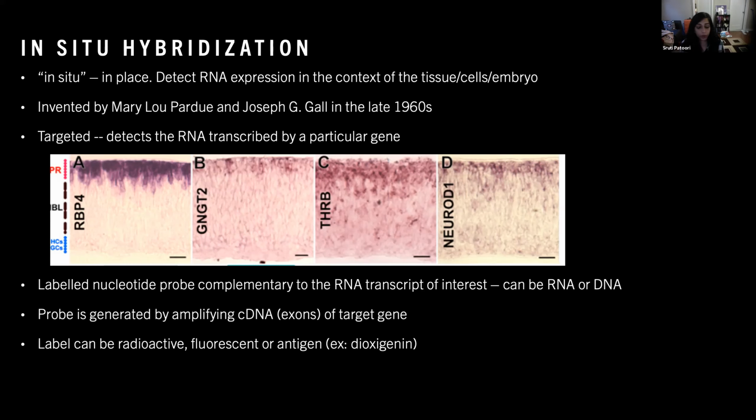And the label of the probe can be radioactive, it can be fluorescent. There are beautiful pictures of fluorescent in situ hybridization. I think there was actually one in the review article that was shared in the chat on the regulation. And then one of the very popular ones that's used in this picture is digoxigenin. So the probe has digoxigenin on it, and then by the same principles as immunofluorescence, you can detect that using an antibody. Can I just ask a question there?